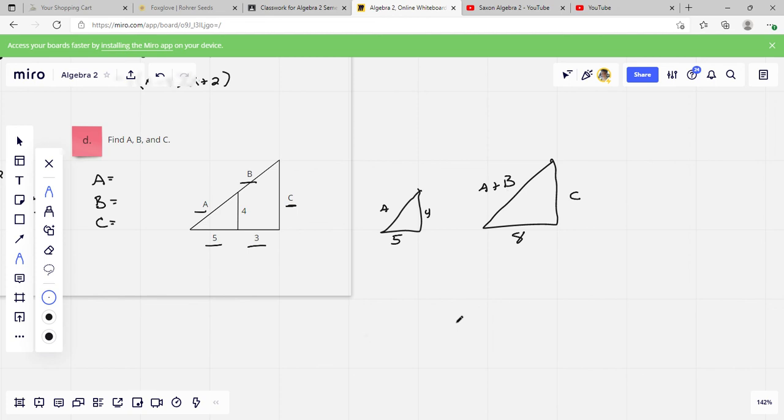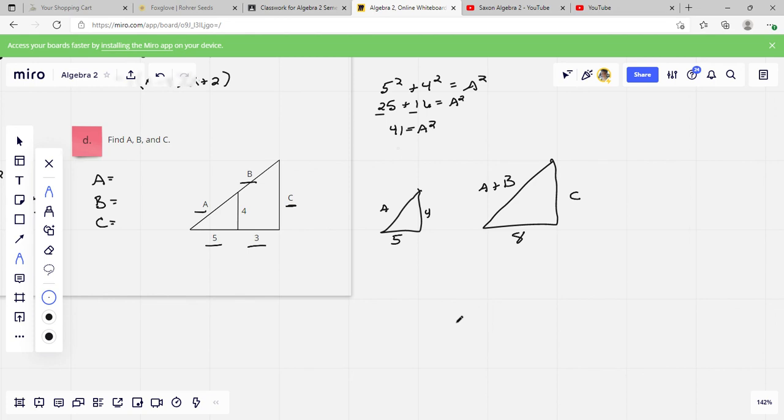All right, so to find A, I can use the Pythagorean theorem. So I can do 5 squared plus 4 squared equals A squared, right? So it's my 2 legs squared. That would be 25 plus 16 equals A squared, and that would be 41 equals A squared.